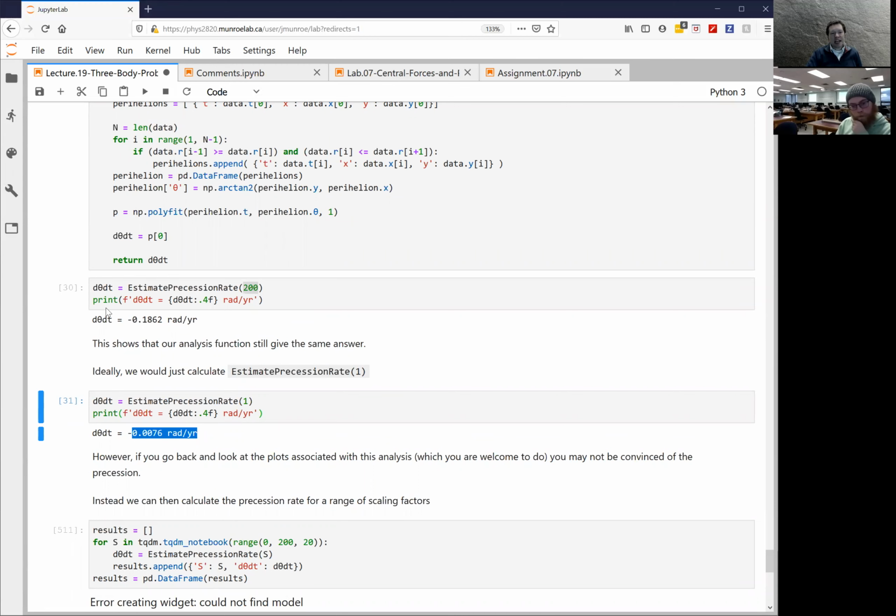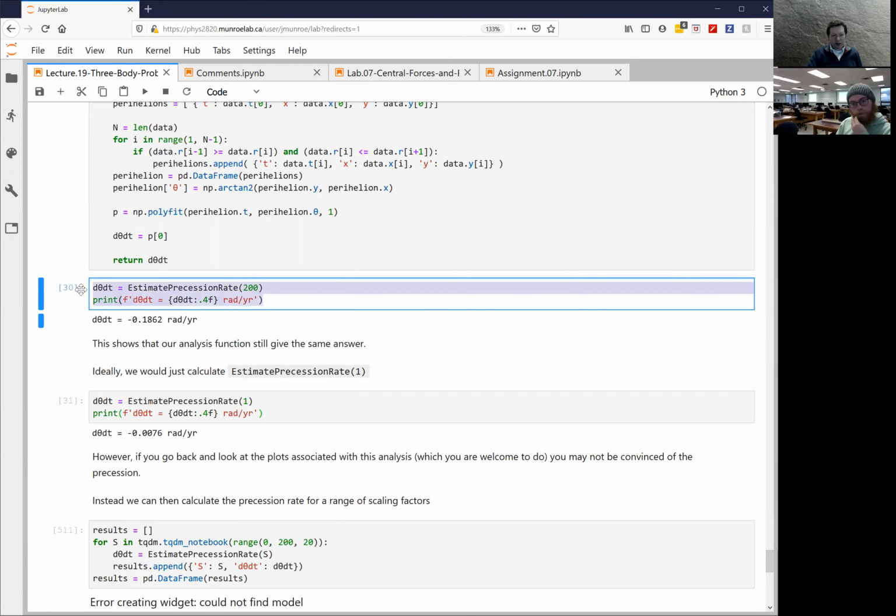However, if we're relatively confident with the rate of precession when the mass is at 200, what I could do is run this analysis for several different masses and come up with the trend of how this rate of precession depends upon the mass of our big Jupiter. And this is another thing we sometimes do.